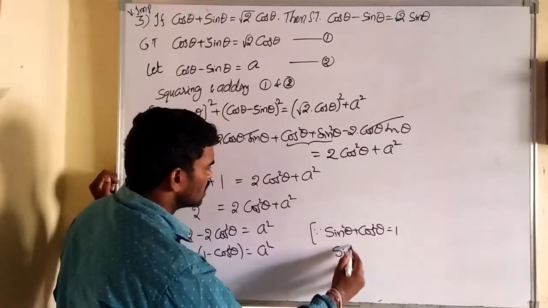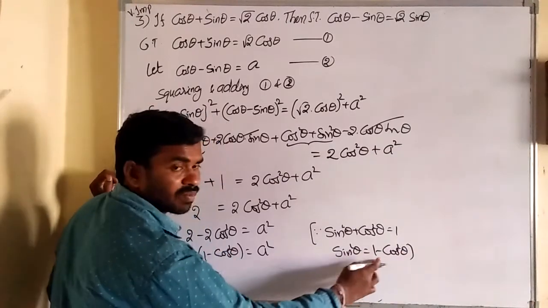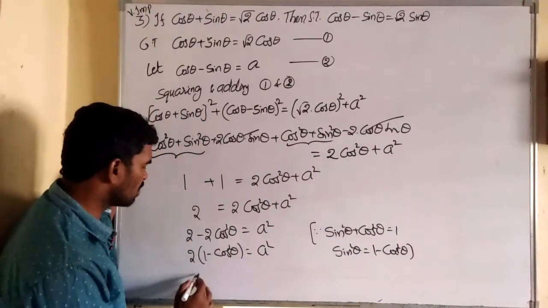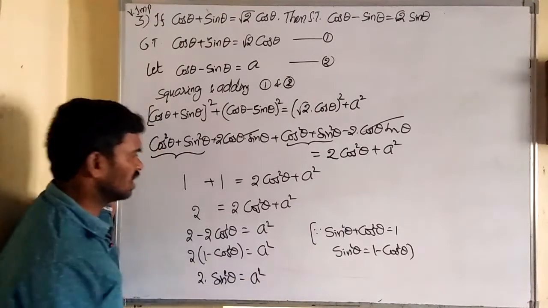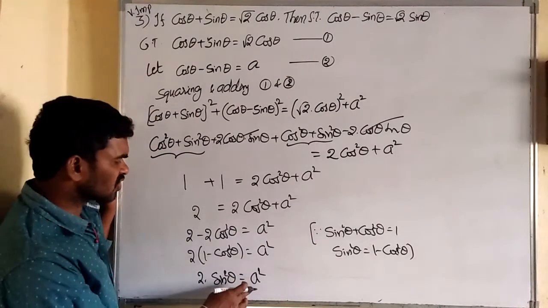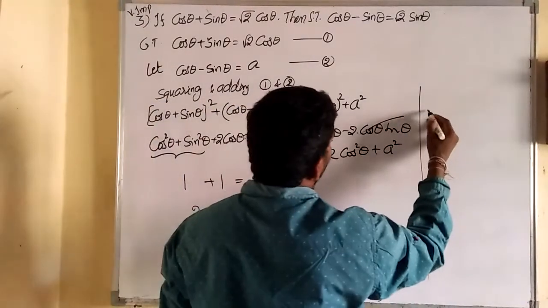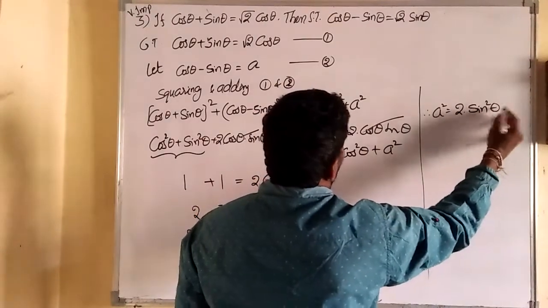From that, sin square theta equals 1 minus cos square theta. So 1 minus cos square means sin square theta. So we got it, A square equal to 2 into sin square theta.